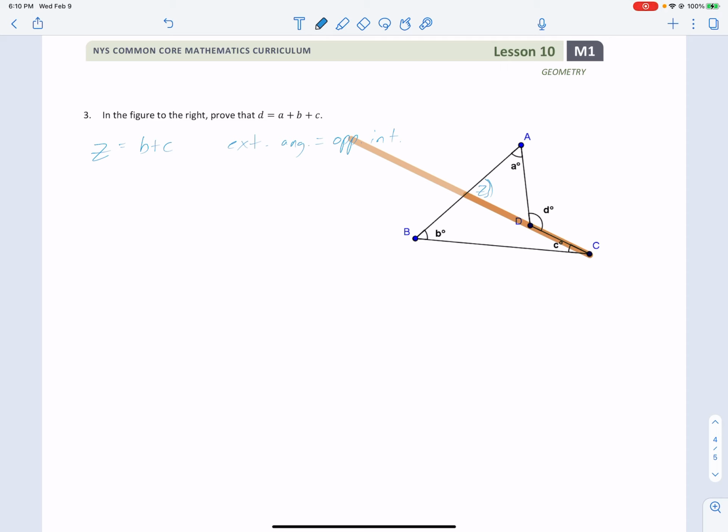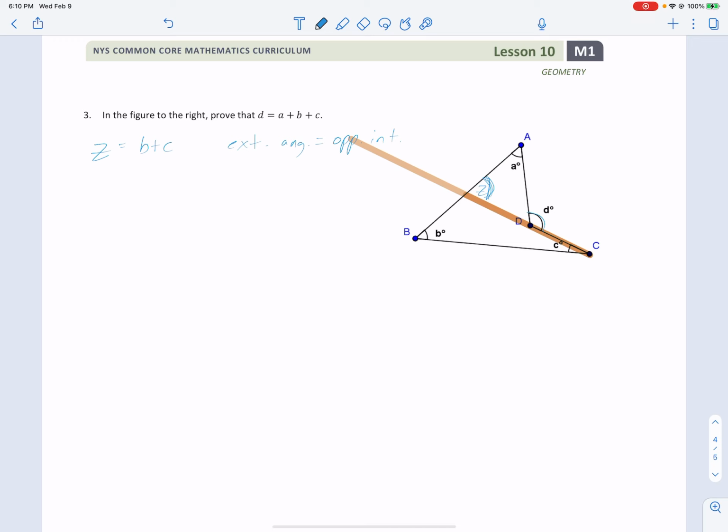Once we really know all of these tools, you're going to be able to use whatever you feel most comfortable with. And there's a lot of ways to do this one as well. So I know that this exterior angle right here is equal to the opposite interior angles. That part's going to be useful for me. One other thing that I know is that this right here also forms a triangle on a line.